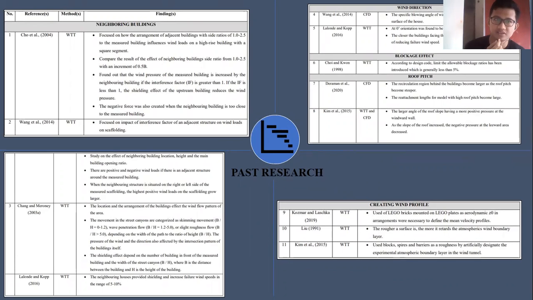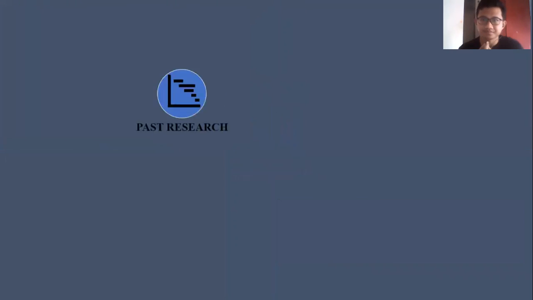Wang et al., Lalonde and Cook looked at the wind direction. Choi and Kwon looked at the blockage effect. And for the roof pitch, Daraman et al., Kim et al. And the last one, for the creation of wind profile, Kozma and Laska, Liu and Kim et al.